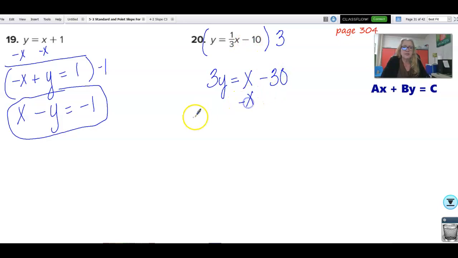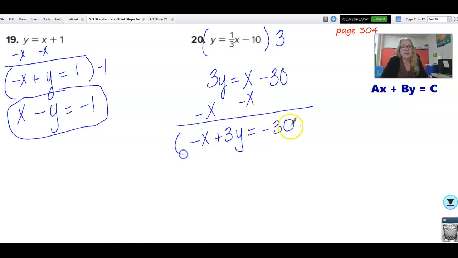We need to subtract x from both sides. That gives me negative x plus 3y equals negative 30. Now we can't have x be negative, so let's multiply everything by negative 1. Positive x minus 3y equals positive 30.